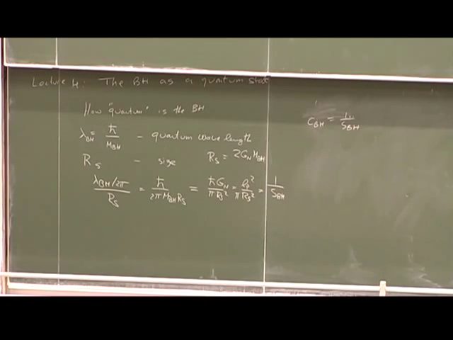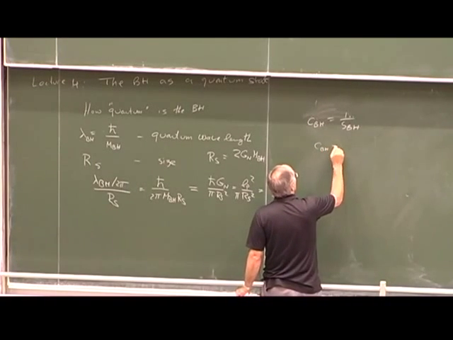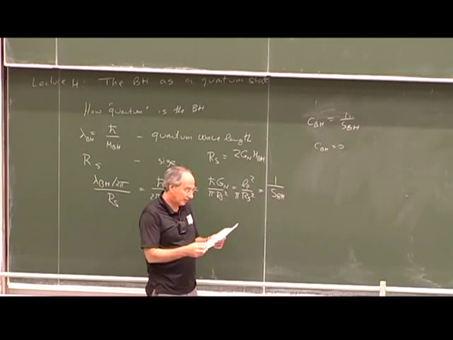So in this case, C_BH, 1 over S_BH, is a dimensionless h bar. And when we did the Hawking calculation, we actually set this C_BH to 0 because we used a strictly classical geometry.